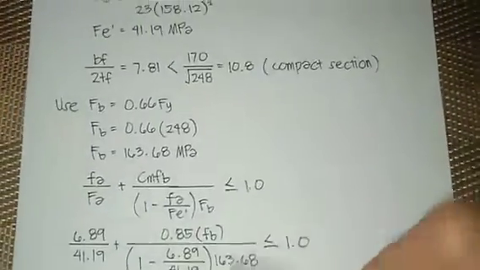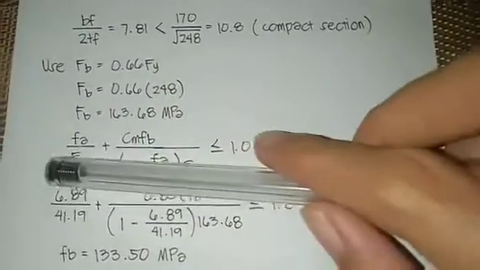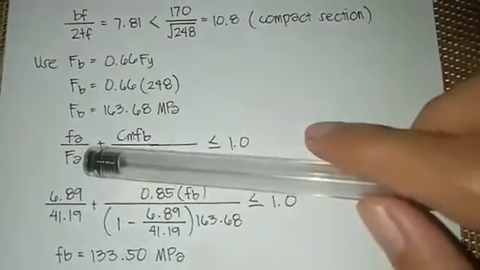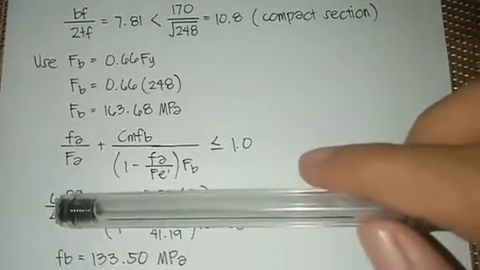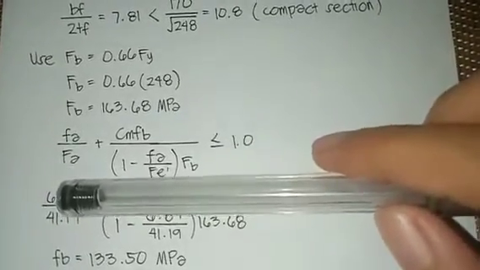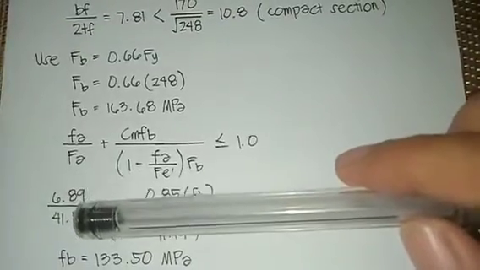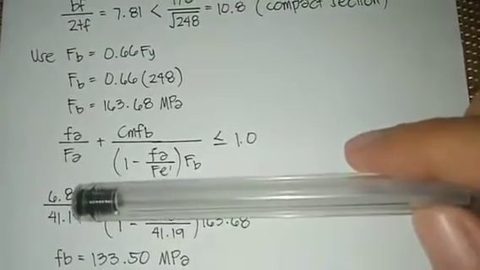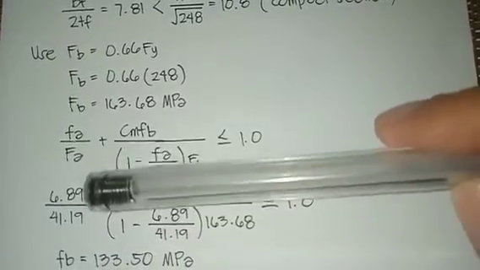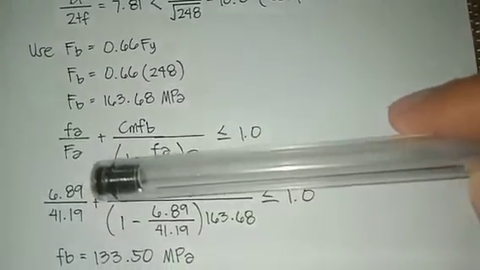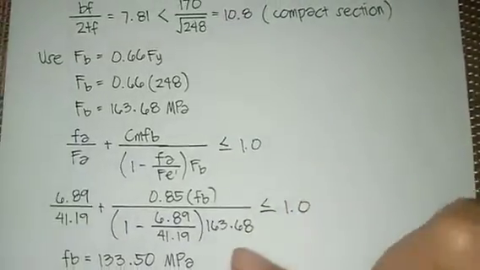Then, back to the formula: fa over Fa plus Cm times fb over the quantity of 1 minus fa over F'e times Fb, which should be less than or equal to 1.0.